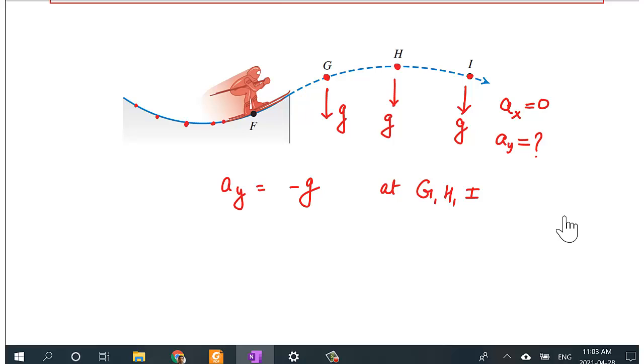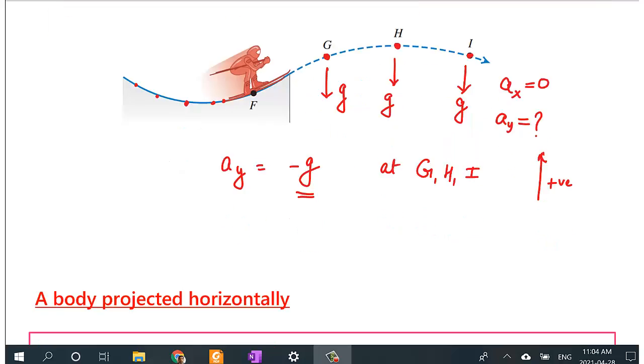So she will have both components of acceleration, but once she leaves this ramp, she is completely controlled by the gravity force. That's why we have only one component of acceleration, in the downward direction, with magnitude g. If I consider the positive direction as upward, this acceleration will be negative.